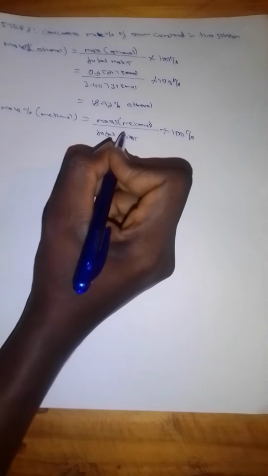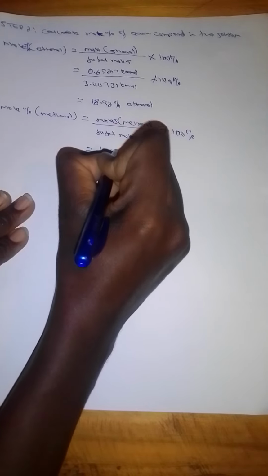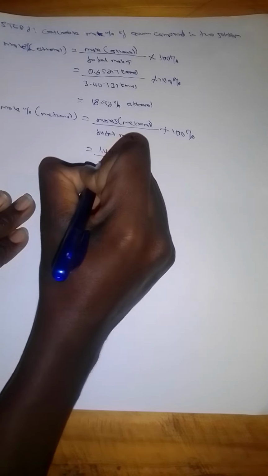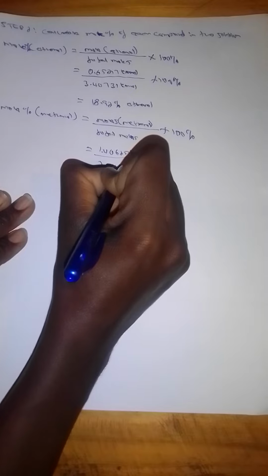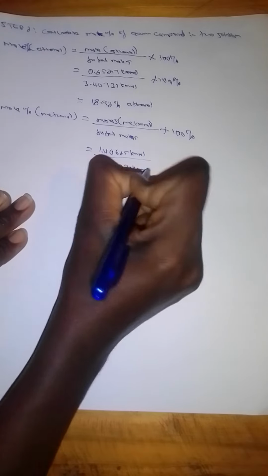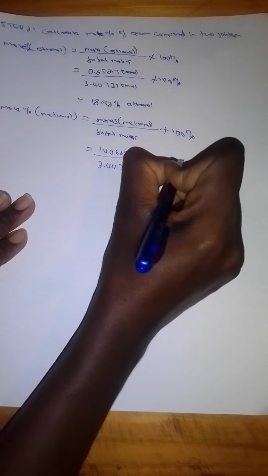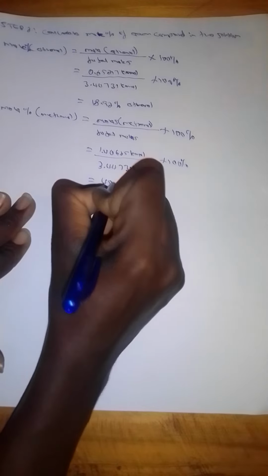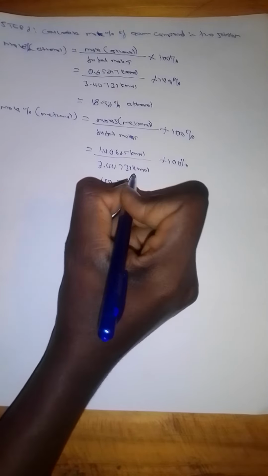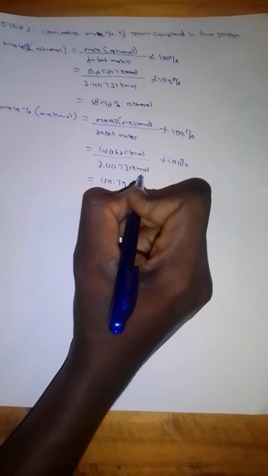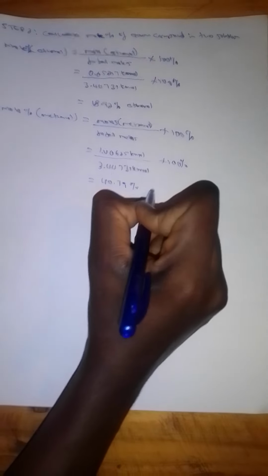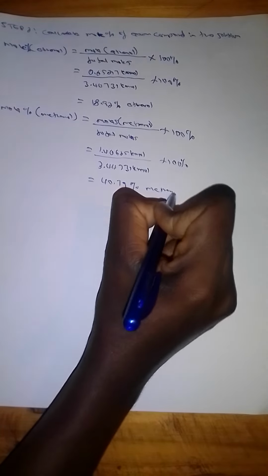That becomes the moles of methanol, which we found to be 1.40625 kilomole, all over the total mole, 3.44731 kilomole, multiplied by 100%. Now when you use your calculator, you find that the methanol is 40.79%, or let me just say 40.79% methanol.